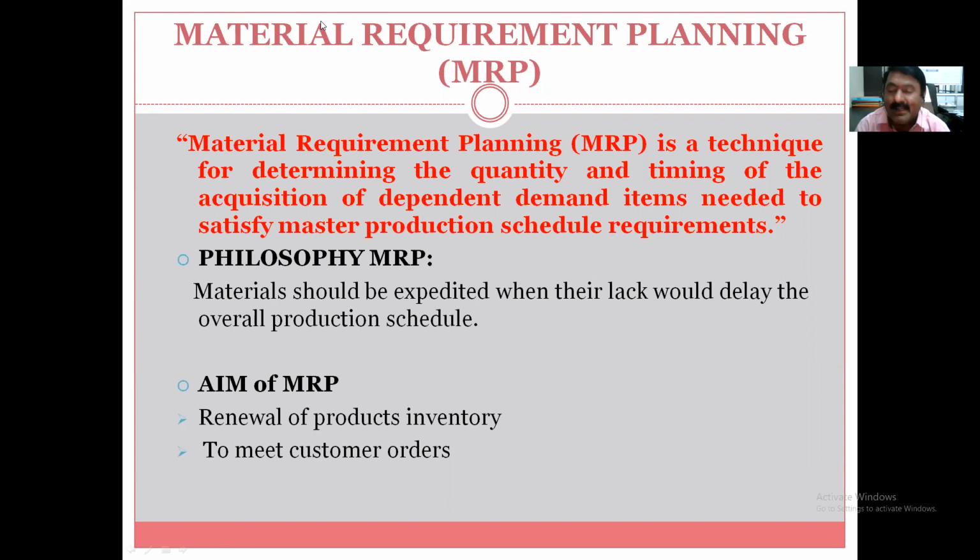Material should be expedited, brought in a faster way, when its lack would delay the overall production schedule. The production schedule should not be hampered due to non-availability of material. There are certain other factors like machine breakdown, worker absenteeism, or rejection, but it should not be hampered at all due to non-availability of material.